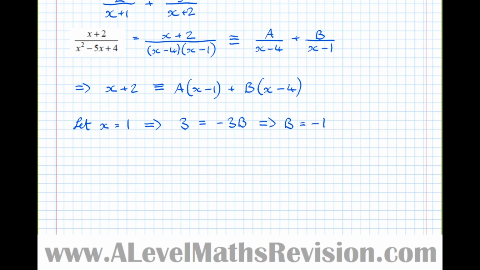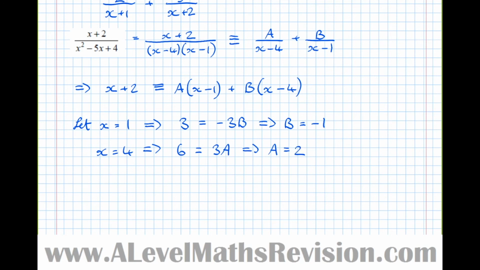So I've got b is minus 1. X equals 4. So 6 is 3a. Meaning a equals 2.